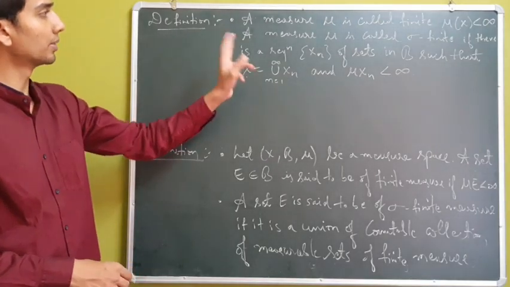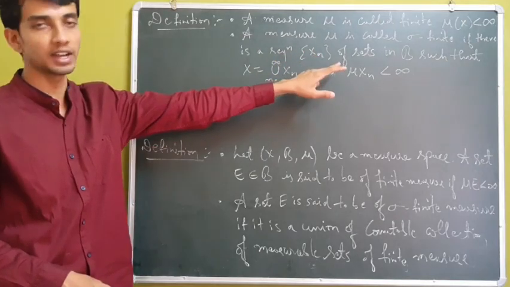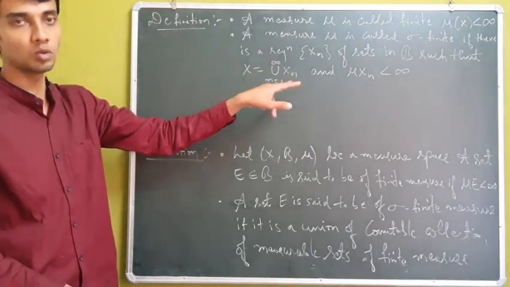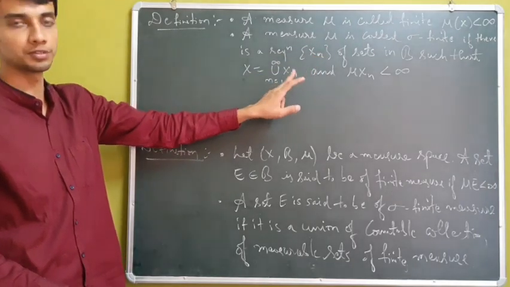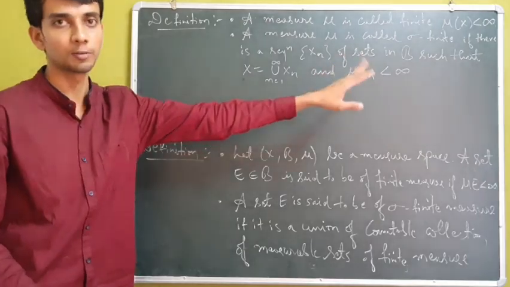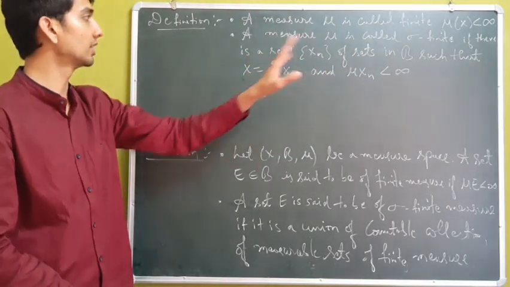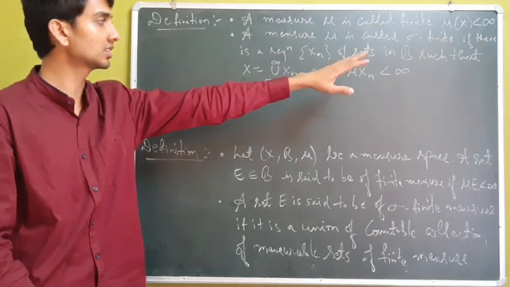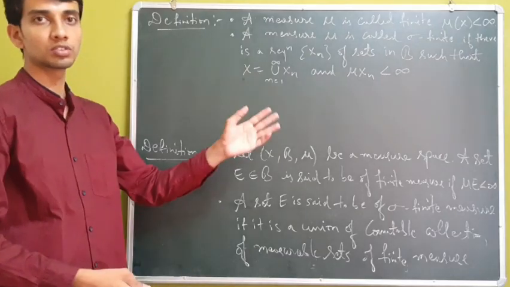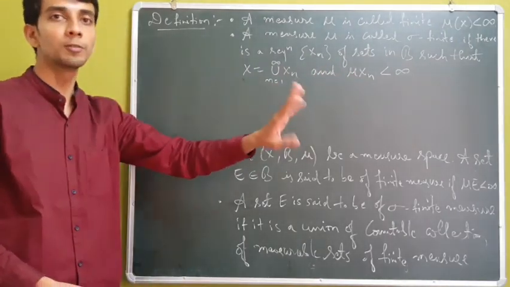A measure mu is called sigma finite if there exists a sequence of sets in B such that the whole set can be expressed as the countable union of the sequence of sets, and the measure of each such set is finite.